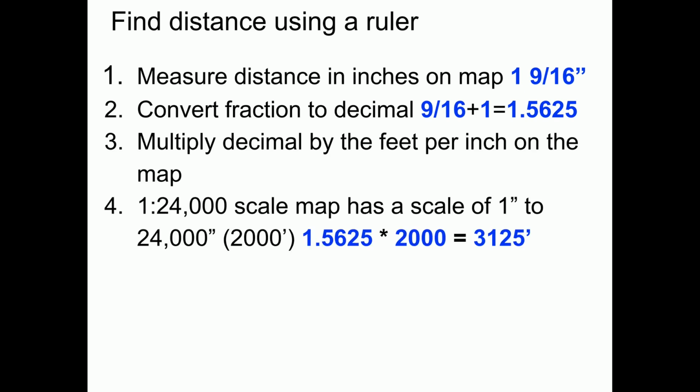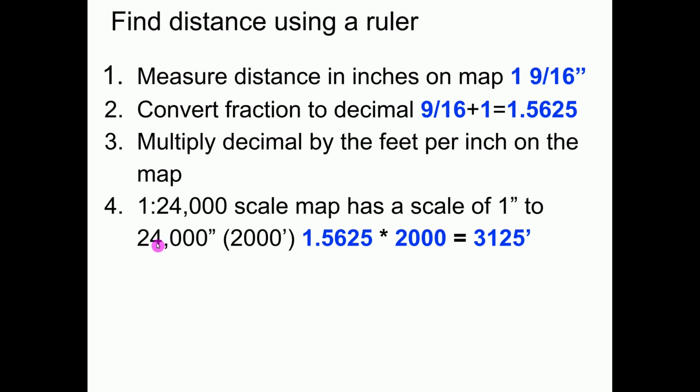For example, a 1 to 24,000 scale map has a scale of 1 inch on the map to 24,000 inches on the ground. So the way scale works with this as a representative fraction, the units on both sides have to be the same. So it's 1 whatever to 24,000 whatevers. 1 inch equals 24,000 inches.